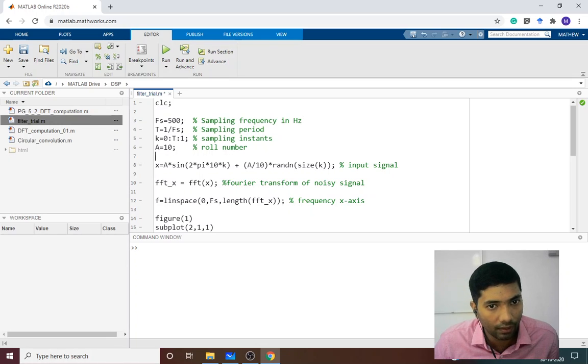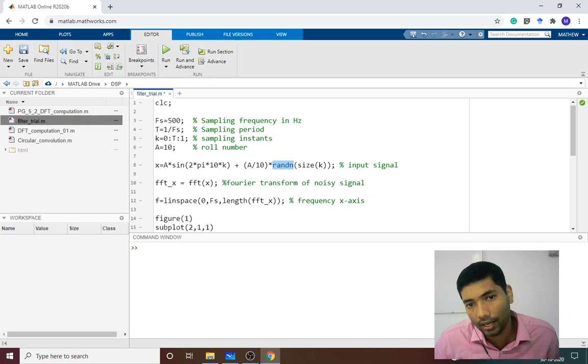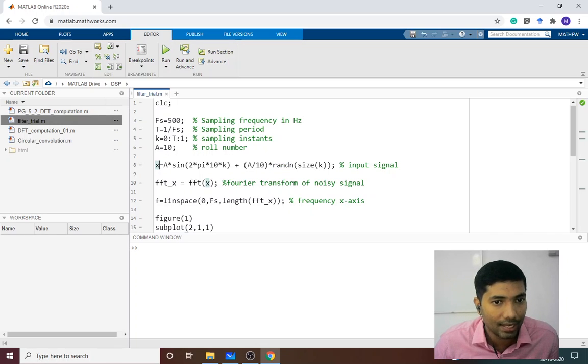Instead of t we have taken the sampling instance k, plus A by 10, which is the magnitude of the noise, and I have used a function to generate random signals. randn is the function to generate random signals in MATLAB, and the random signal is of the size of the sampling instances. So this x will generate the signal.